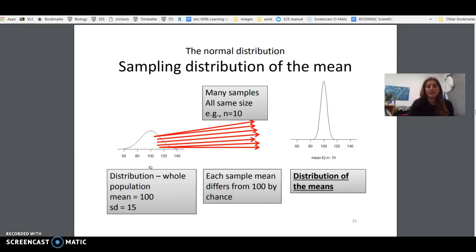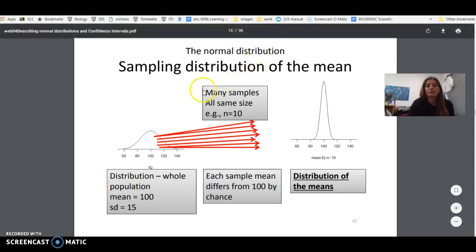So the sampling distribution of the mean is what you get if you take an infinite number of samples, all of the same size, from a particular population. And if you were then to calculate the means and then plot those, you'd get the distribution of the means.